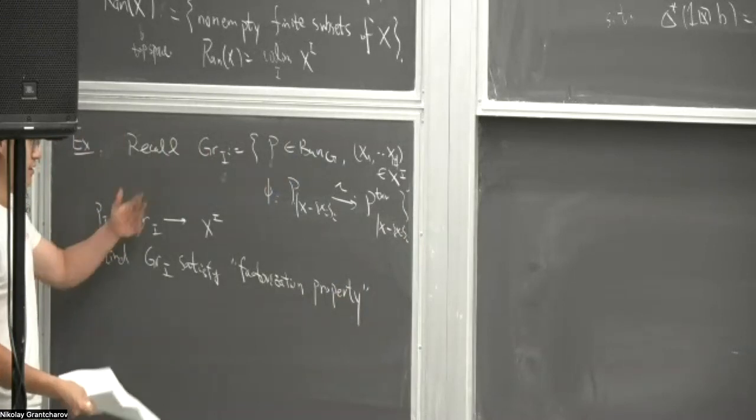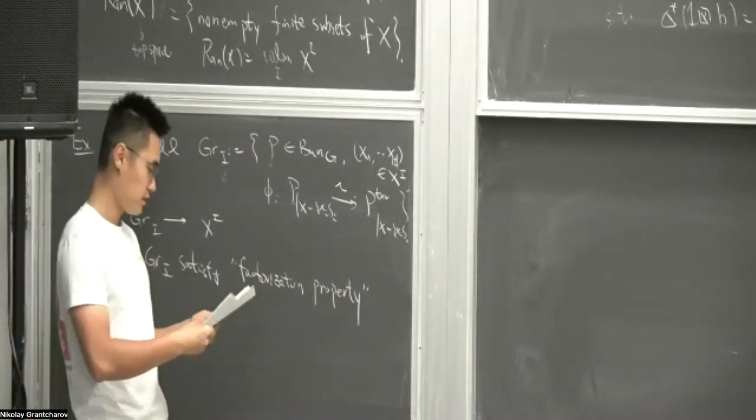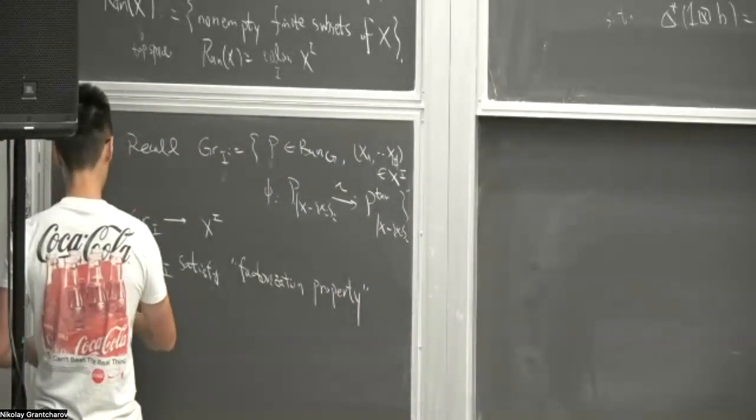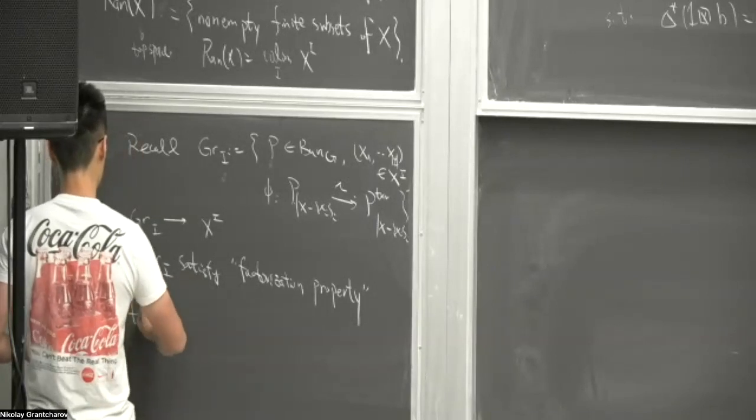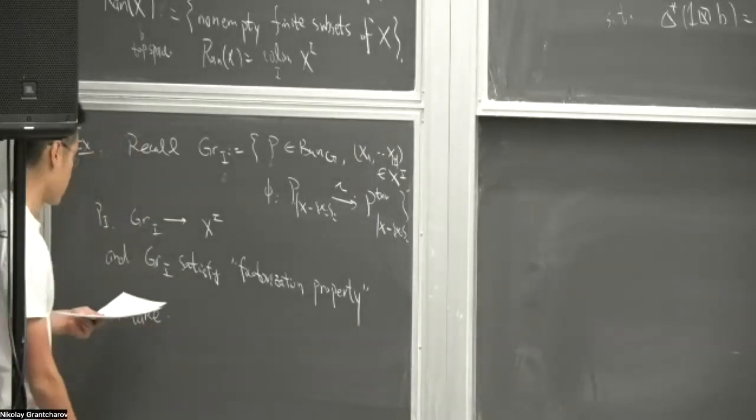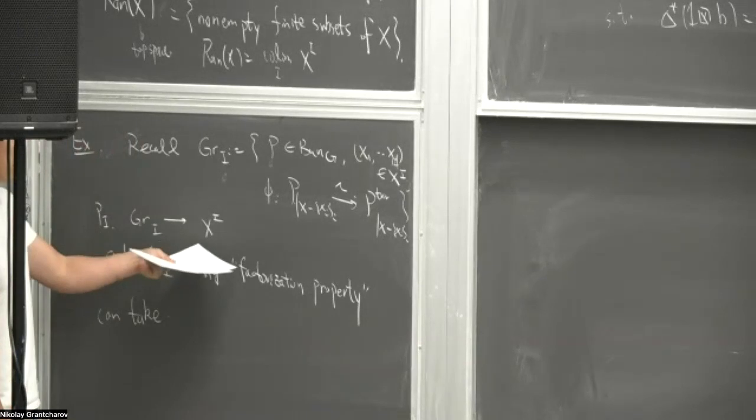If you're disjoint, this is just a product. So one can take certain quasi-coherent sheaves coming from this projection.